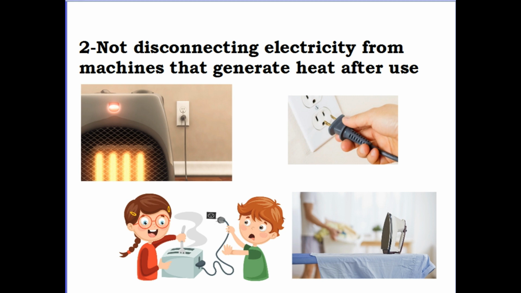Remove the wire from the socket, because as long as the wire is connected, the current keeps moving and the heat keeps being produced, or a large amount of electricity is generated, and as we said, this causes a rise in the temperature of the machine and the wires, and they may lead to fire occurrence. So please do not forget to disconnect the electricity or the current from the machines that generate heat.